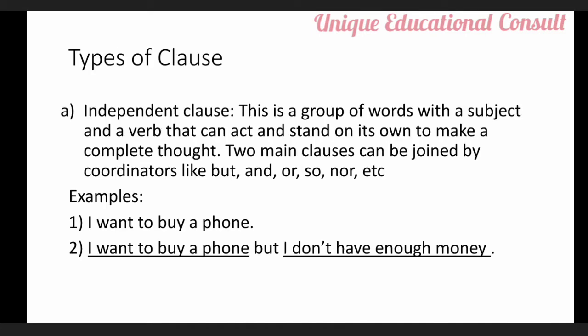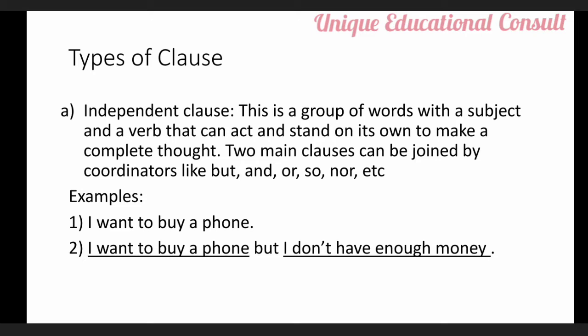Now let's go further. We want to look at the types of clause that we have available. We have only two. The first one is the independent or main clause, while the other is the subordinate or dependent clause. We are looking at the independent clause first.